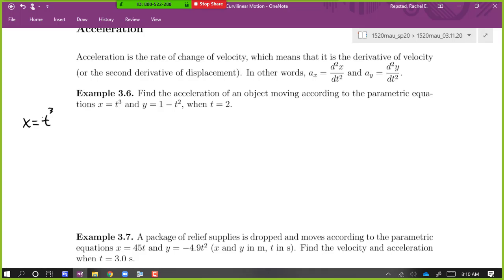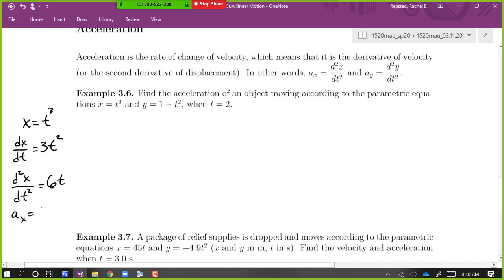So if x is t cubed, dx/dt is 3t squared. And because this is acceleration, I want the second derivative with respect to t, which gives us 6t. And we want the acceleration when t is 2, so that x component for acceleration is 6 times 2, or 12.